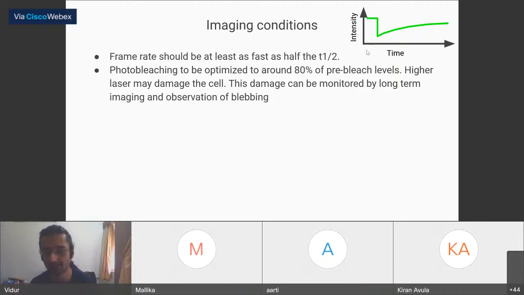I'm going to take the example of GFP, which is generally excited by a 488 nanometer wavelength. If you bleach it by 100 or even greater percentage, over time the cytoskeletal elements or the structure of the cell that you're interested in will start getting disrupted, and you will see that in your movies.